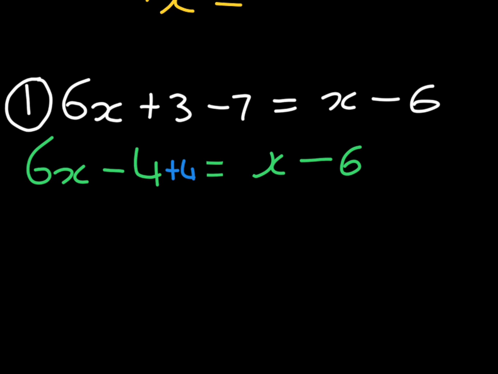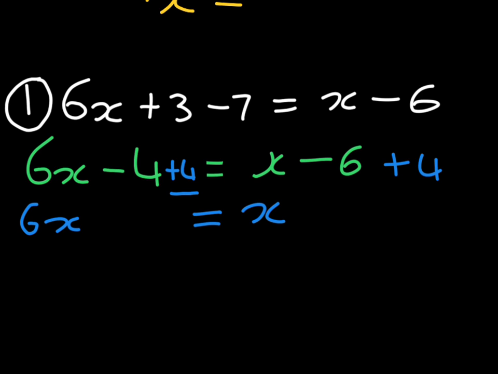And remember, whatever we do to the one side, we have to do to the other. So we will add 4 there as well. This then means that we will be left with 6x on our left-hand side. Negative 4 and positive 4 give us 0, so we can simply leave that out. And this equals x. Now once again, we have two constants over here.